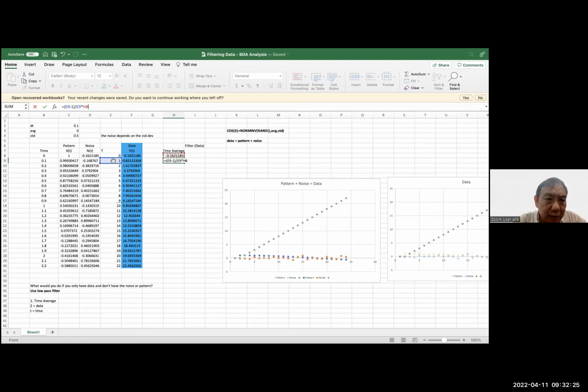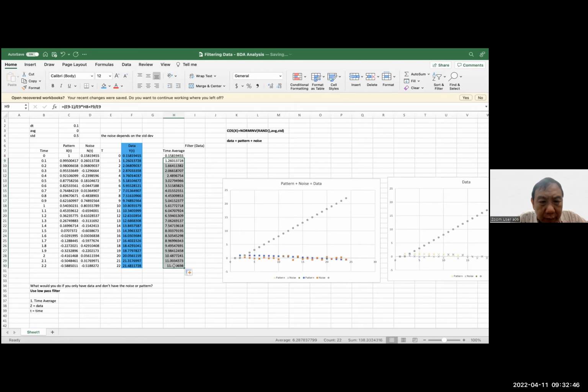Plus the new data point, which is F9 divided by E9, the time T. Okay, enter. Now you can plot T, your data, and your time average.